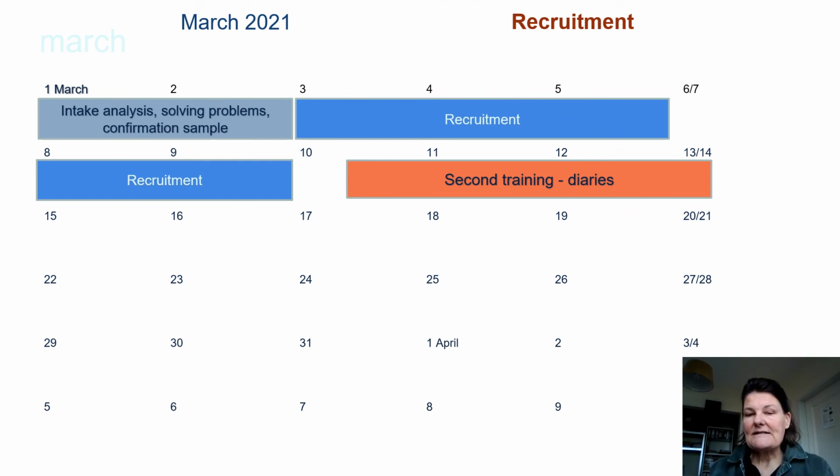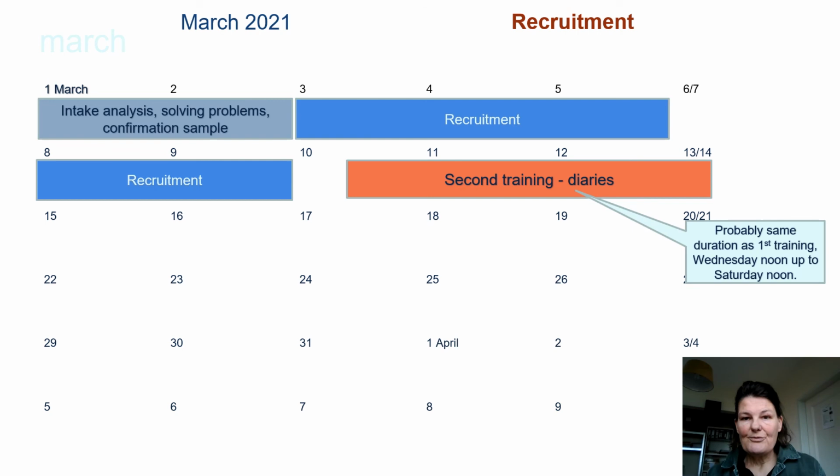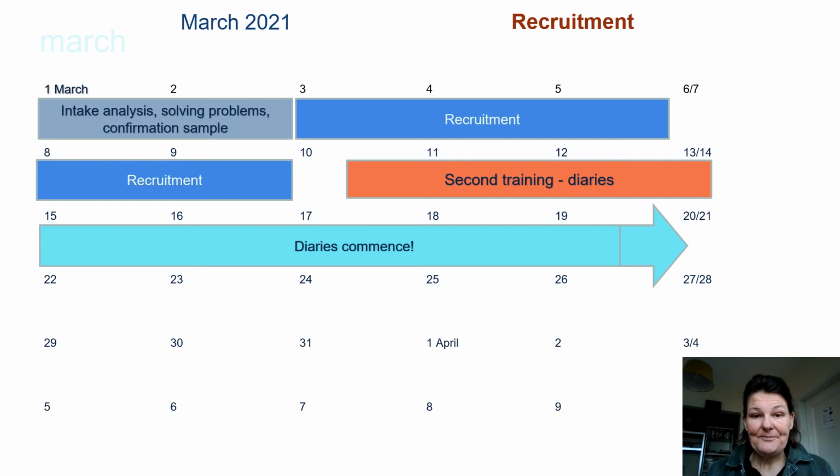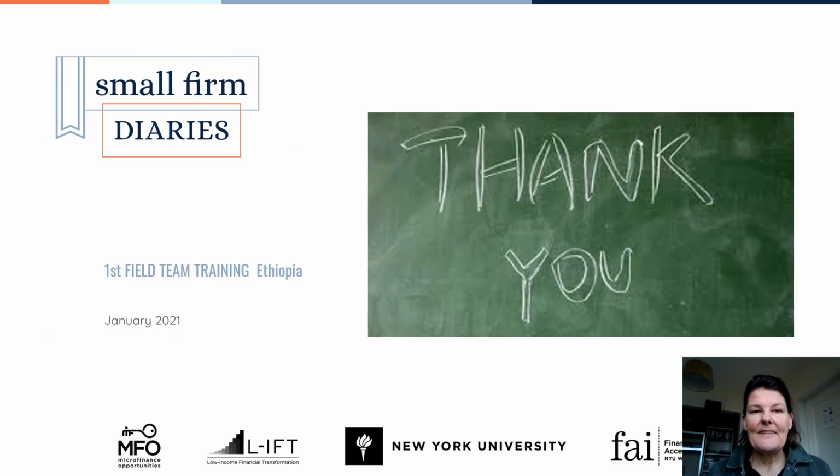We expect the second training to start halfway the day on Wednesday, and on Wednesday 10th, and then it will continue until Saturday noon on the 13th of March. And then on the 15th of March, the diaries process will really start and it will continue for a full year. So, thank you for your time.